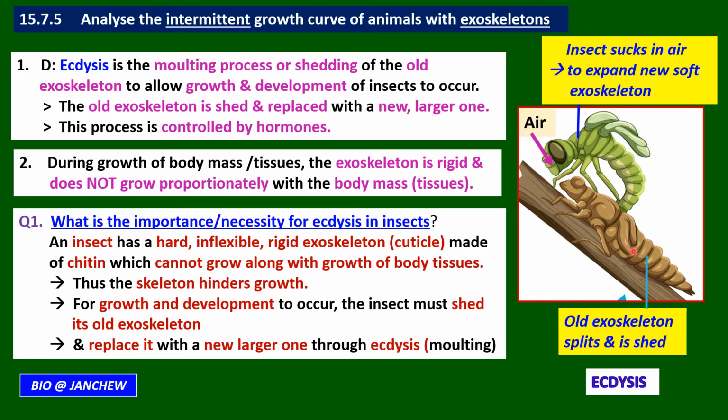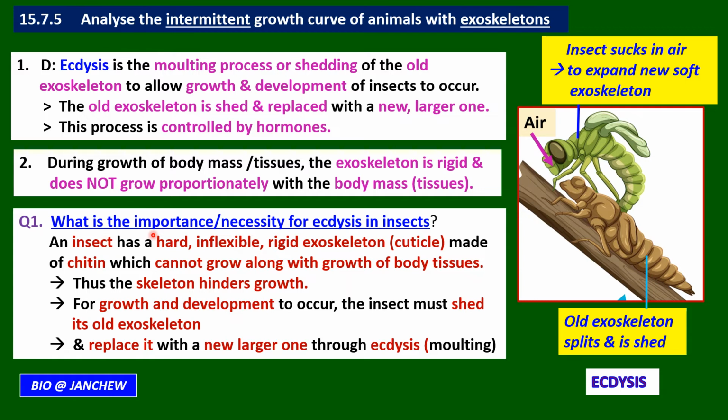Thus, the insect has to undergo ecdysis, where the exoskeleton splits and it comes out from it, and then it sucks in more air to expand the new soft exoskeleton, the green one. So it becomes bigger than the old exoskeleton, and there will be space for the insect's body tissues to grow again, until the next ecdysis.